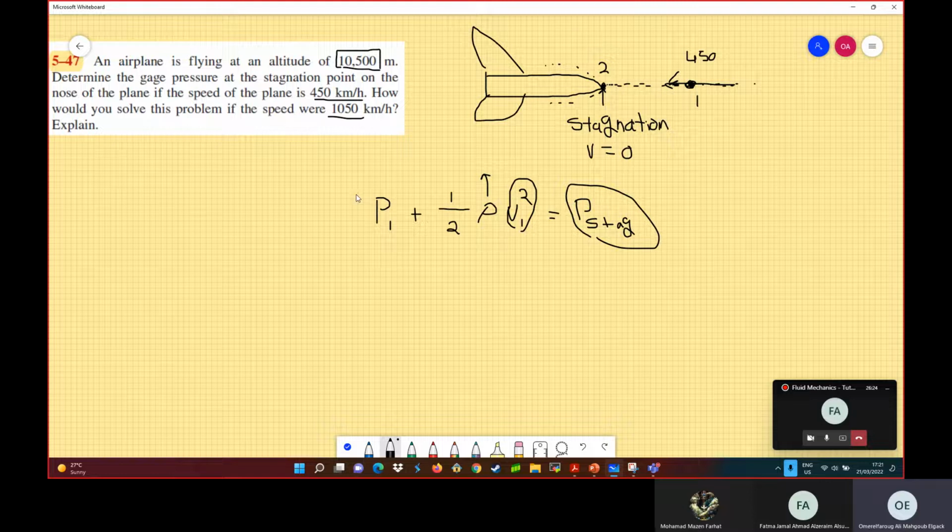And the pressure, yes, the pressure is the atmospheric, because we are at the atmosphere. So the pressure at point 1 will be the atmospheric pressure.